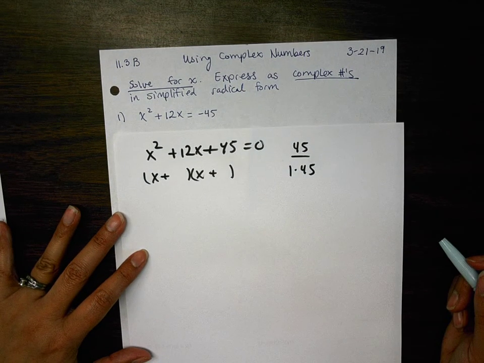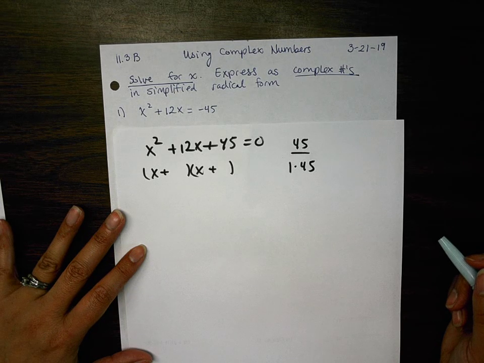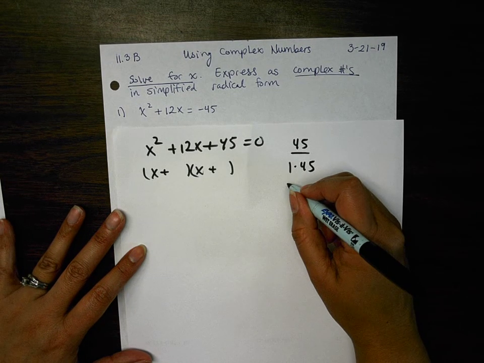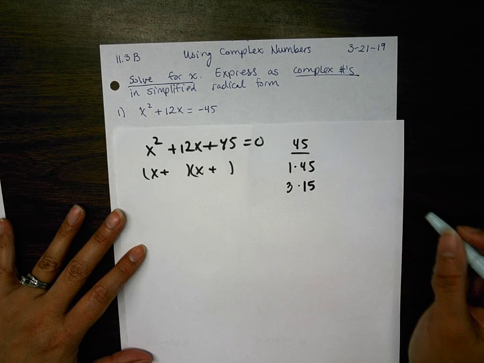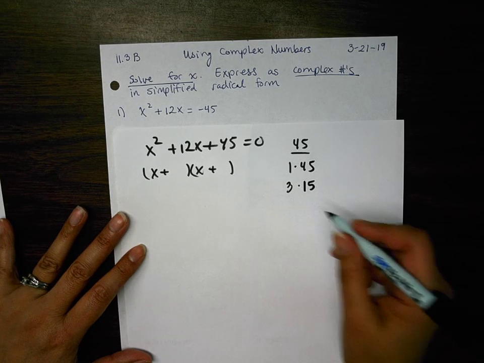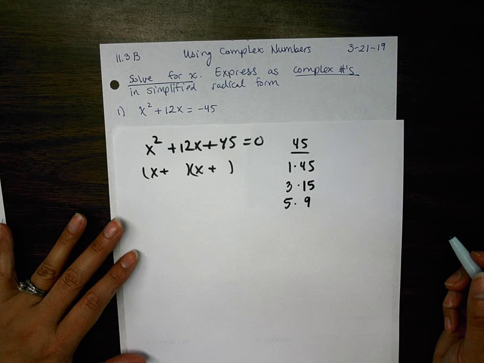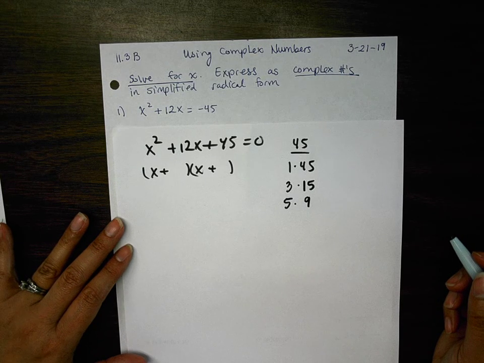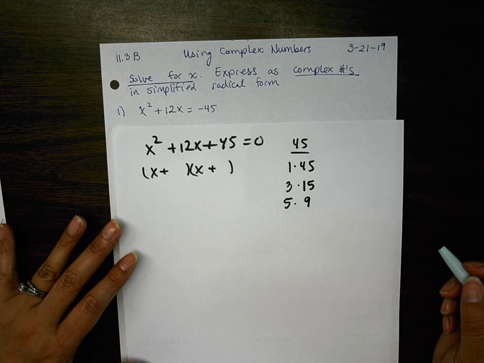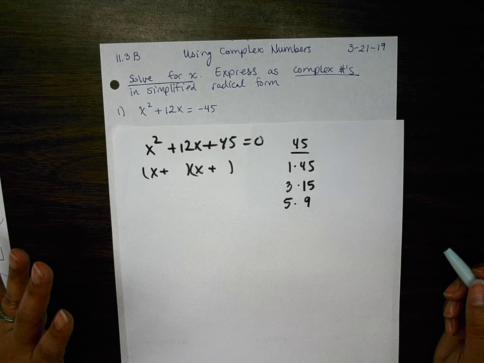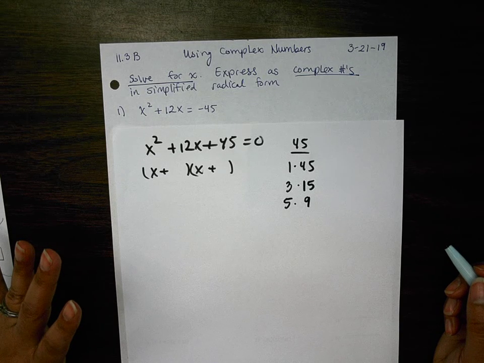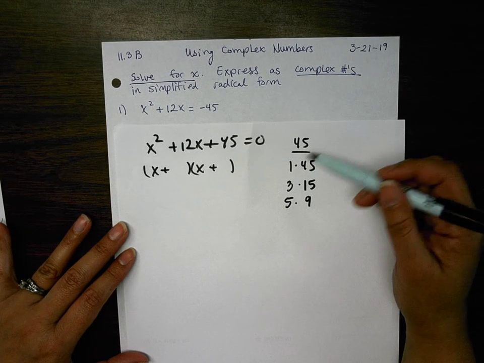Does 2 go into 45? 3? 3 and what? Does 4? 5? 5 and 9. Anything else? Does 6 go into 45? 7? No? Is that it?